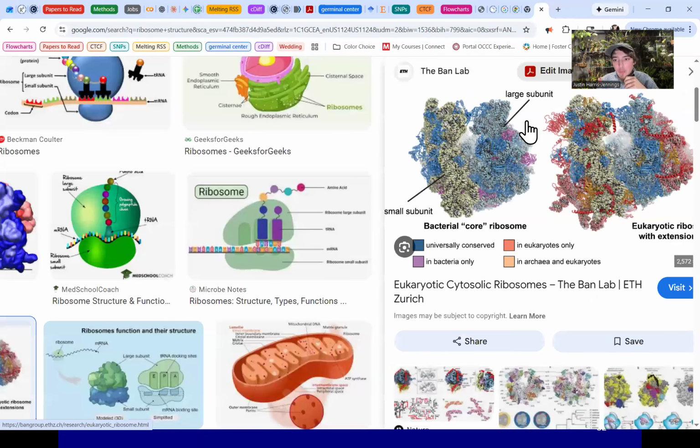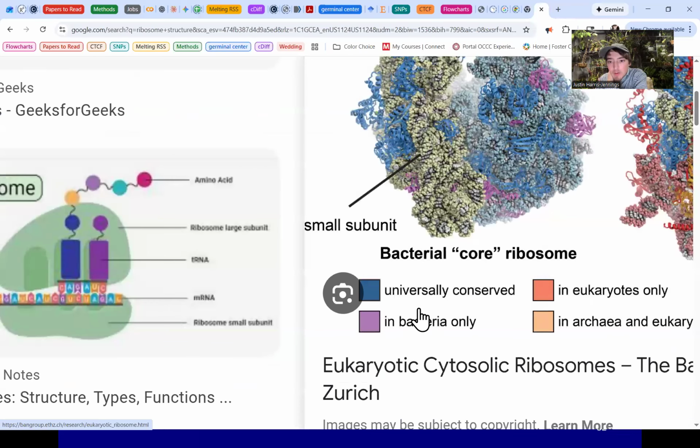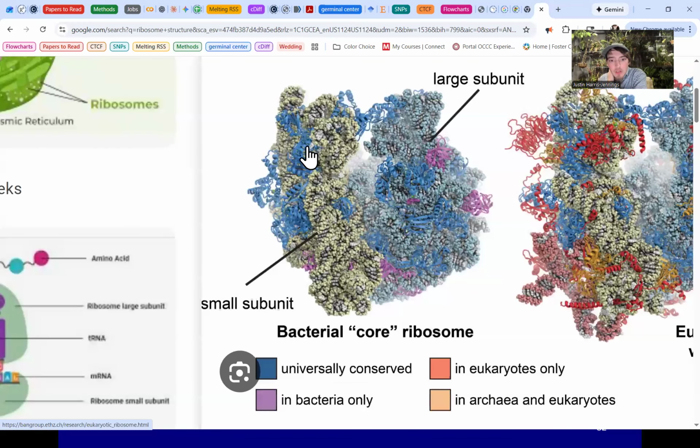This is what the ribosome looks like. You have that large subunit and that small subunit. And you can see the blobby, well, it's almost impossible to see what's what. So the green turny bits, that's protein. The little blobby bits that are tan and gray, those are RNA molecules.